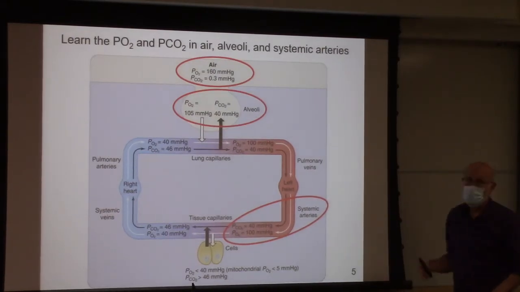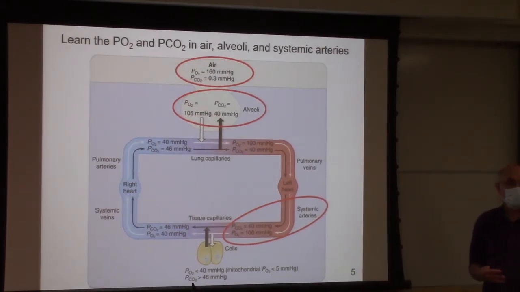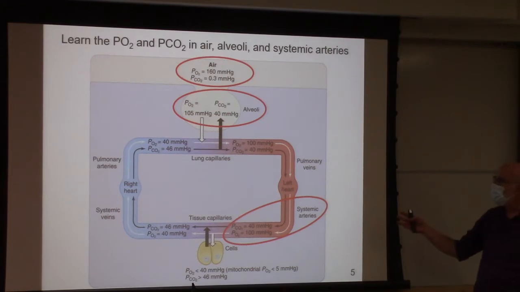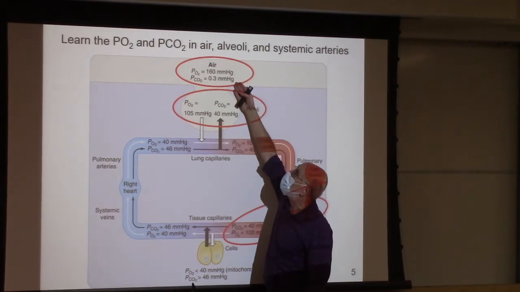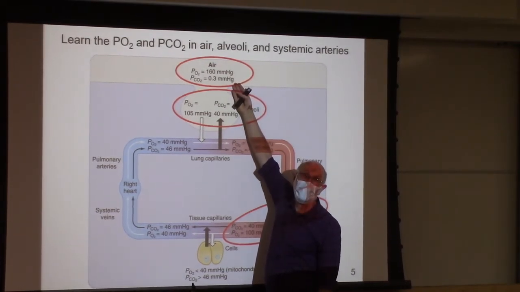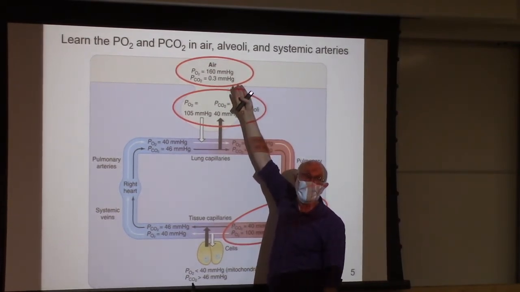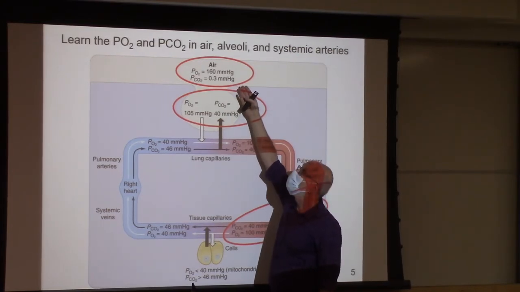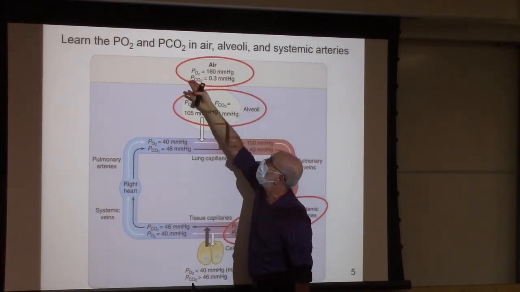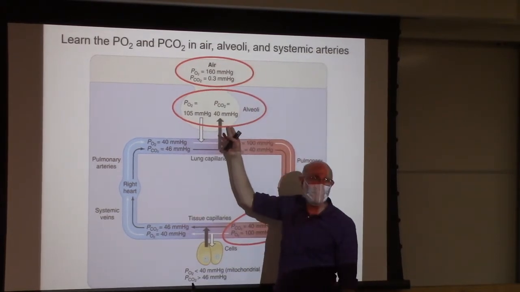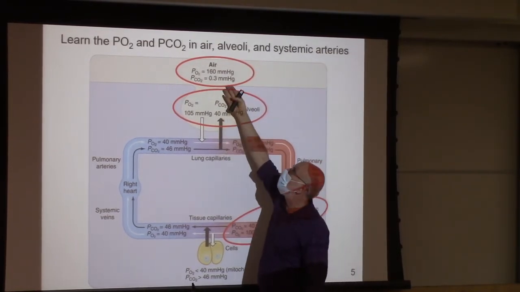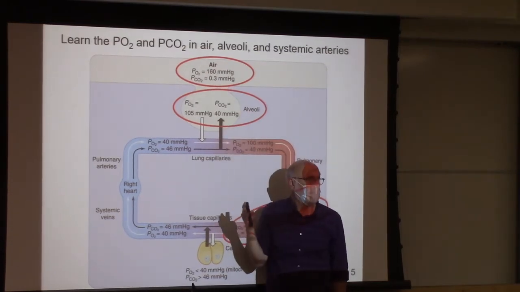So here's a cartoon from your textbook, and I have circled the things that you need to know. So here is the partial pressure of oxygen and carbon dioxide in air. Since this is looking like a bronchus or a bronchiole, and this is looking like an alveolus, it would be better to call this 150, right?